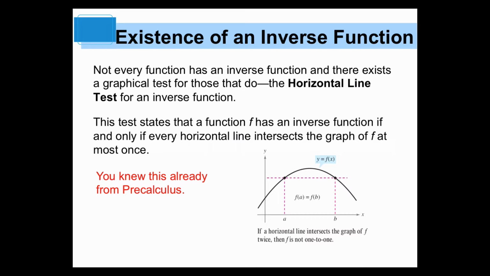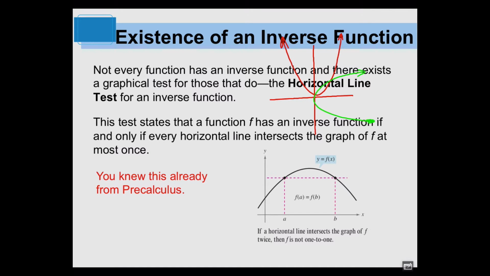The best example of this is the function x squared. You reflect x squared over the line y equals x. Let's draw a picture here for the visual learners. Take the function x squared. Is that a function? Yes, it passes the vertical line test. I take its inverse, which would mean I would reflect it over the line y equals x, and I would end up with something that looks like this.